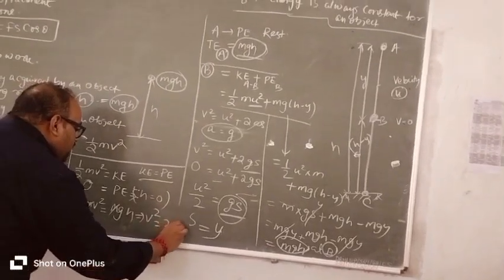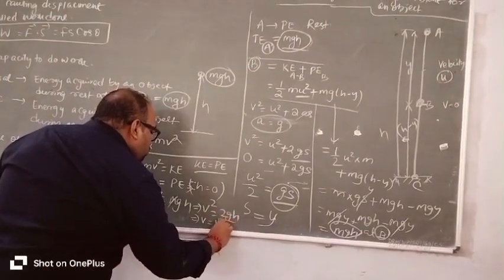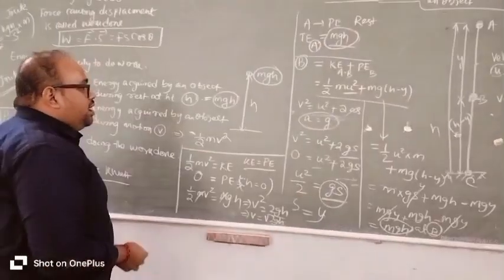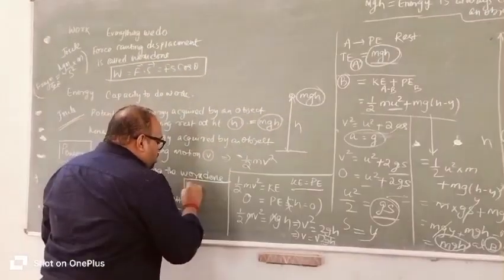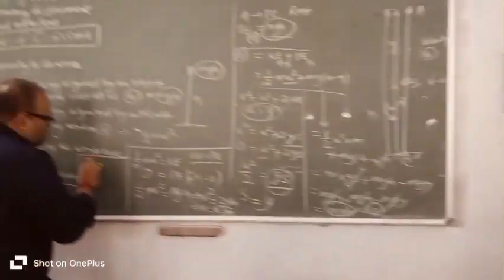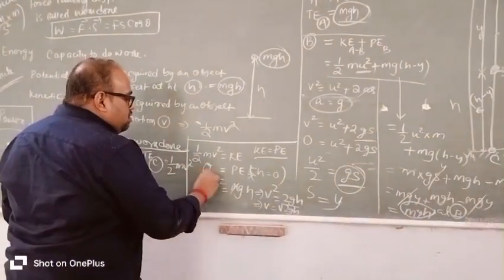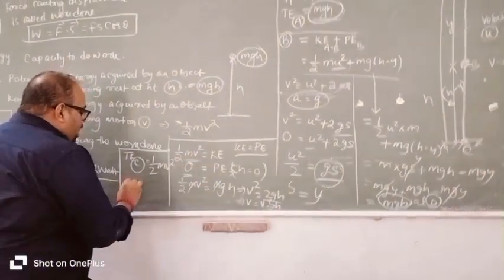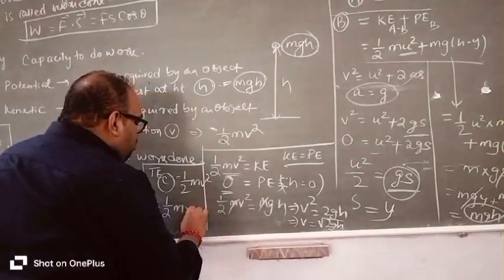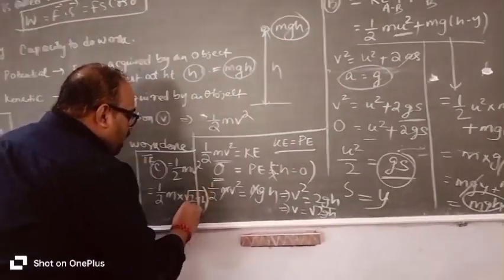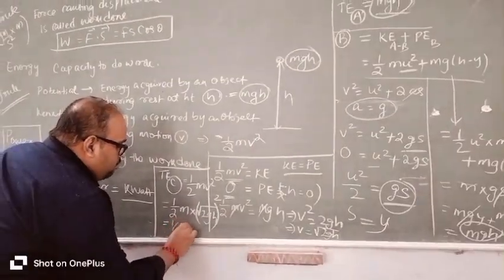Cancelling m from both sides, v square equals 2gh. So v equals root over 2gh. In the case of C, the total energy is simply half m v square, because potential energy is 0, and this equals half m multiplied by root over 2gh squared.